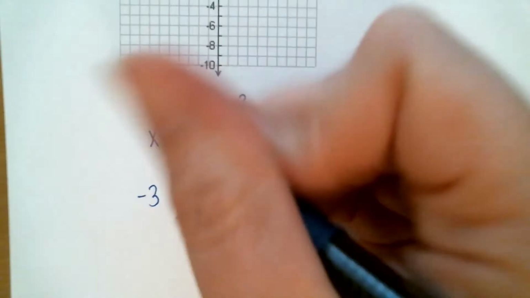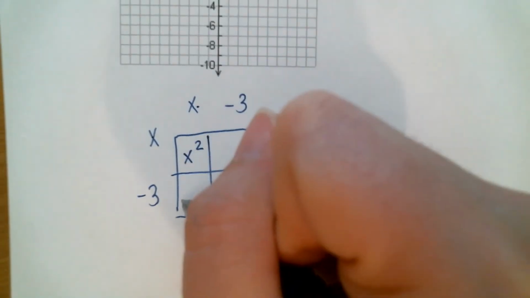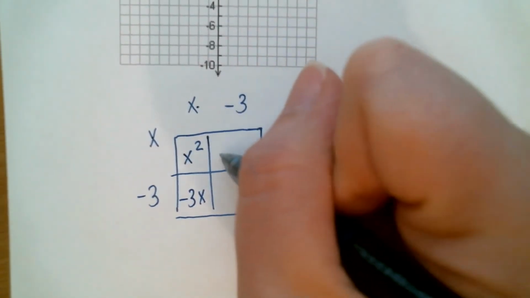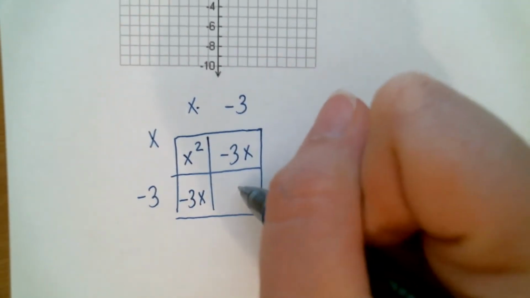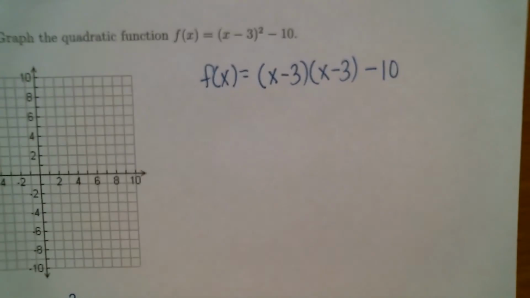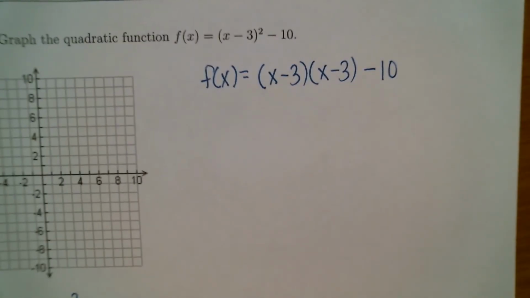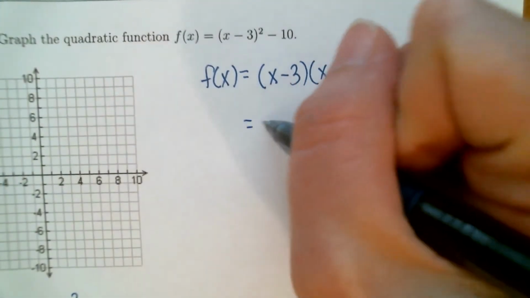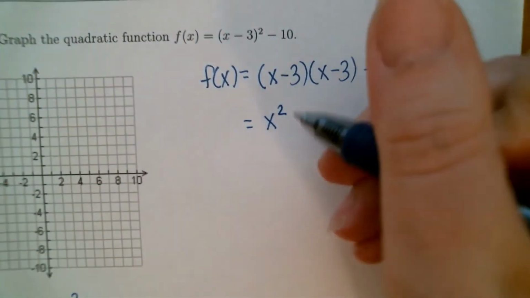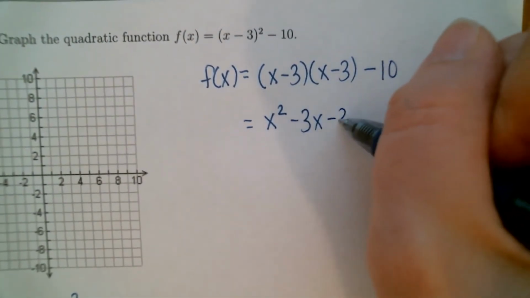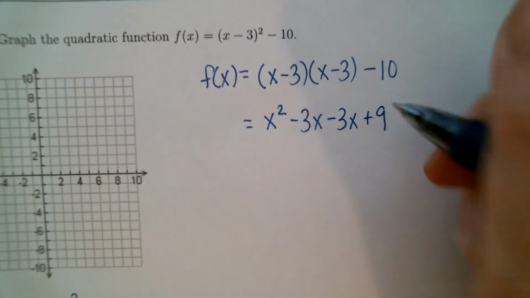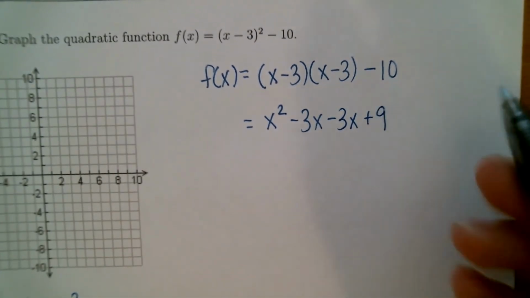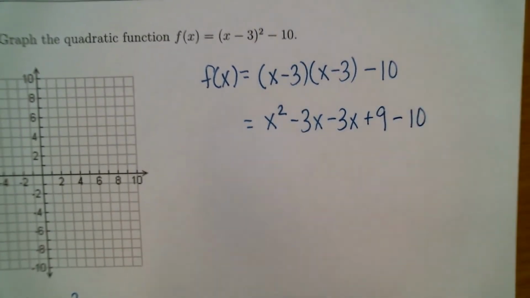So this is going to be x squared, negative 3x, and then negative 3x, and then negative 3 times negative 3 is positive 9. Okay, so over here, when you multiply out x minus 3 times x minus 3, you're going to get x squared minus 3x plus 9. And then you also have this minus 10 sitting out to the side.